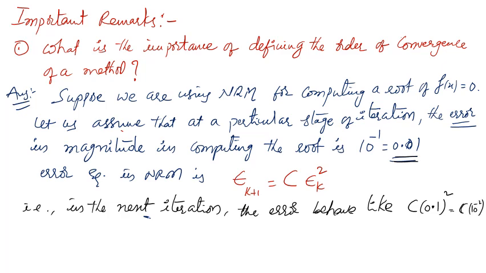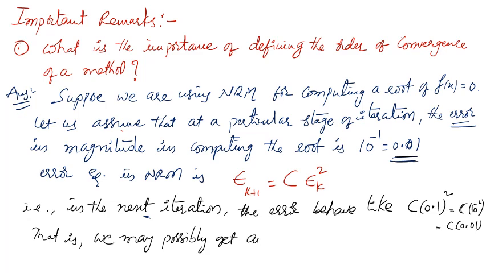That means c into 0.0001. Okay, we may possibly get an accuracy of 2 decimal places, how much accuracy? 2 decimal places.